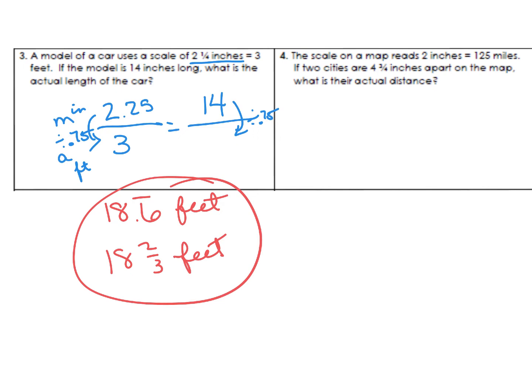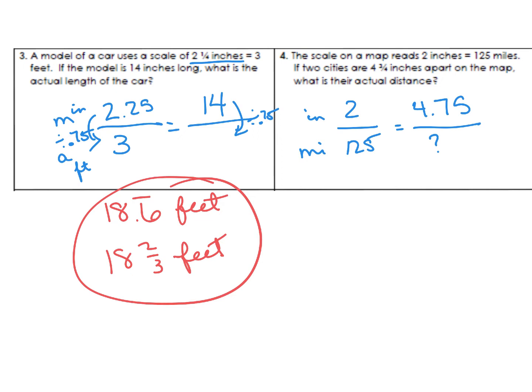So let's do another one that has decimals or fractions in it, just to make sure we're doing it right. A scale on a map reads 2 inches equals 125 miles. So inches on top on the map, miles on the bottom is actual. If two cities are 4 3/4 inches apart, so 3/4 is 75 hundredths, so 4.75, what is their actual distance?